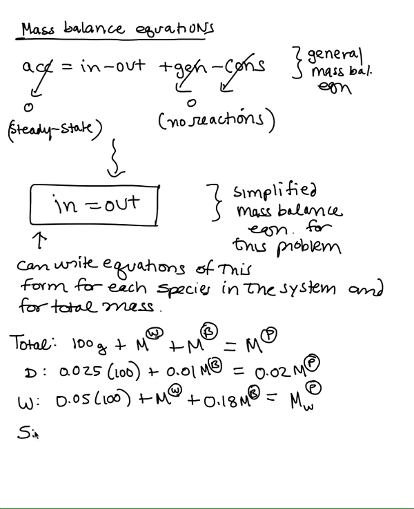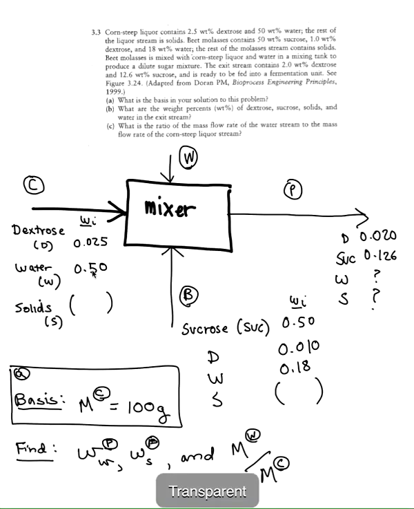We can write one for solids. I figured out that there must be 47.5% in stream C, because if you look at the other mass fractions, they were 0.5 and 0.025, and they have to add up to 1. So the mass fraction of solids in stream C has to be 0.475.